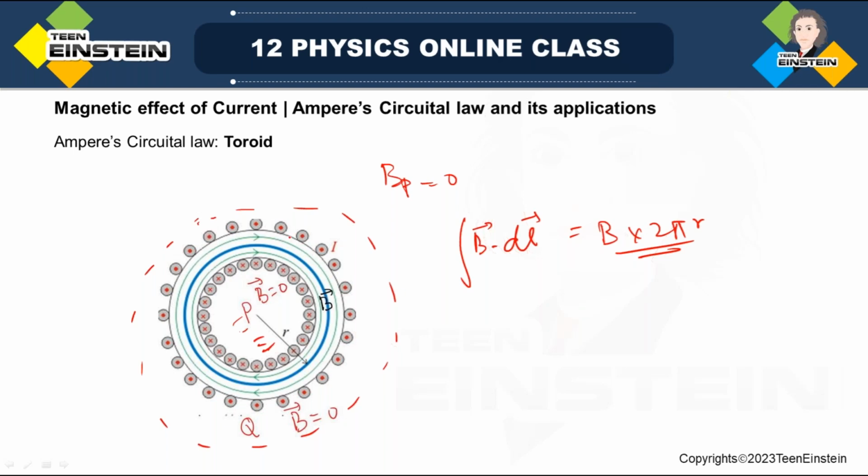Now on the right hand side, look here. On this side the current direction is into the page, and on this side it is out of the page. If you take the sum of this current and this current, it will be plus and minus, which gives 0. So the current enclosed by the Amperian loop is 0.